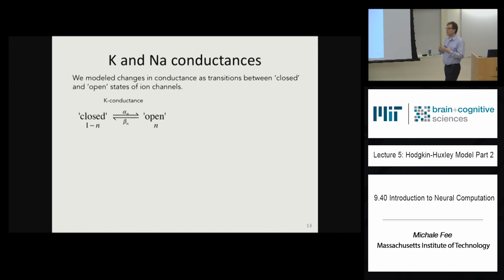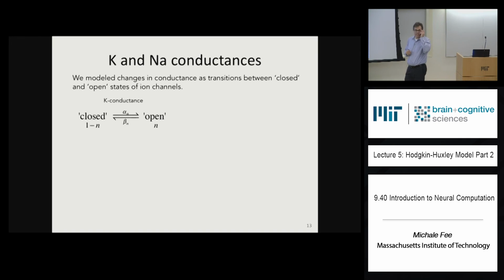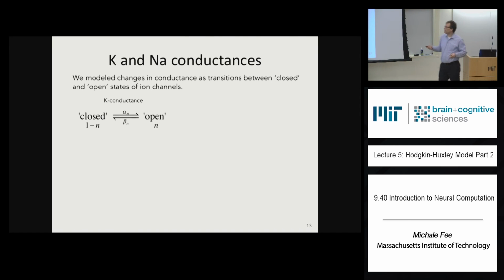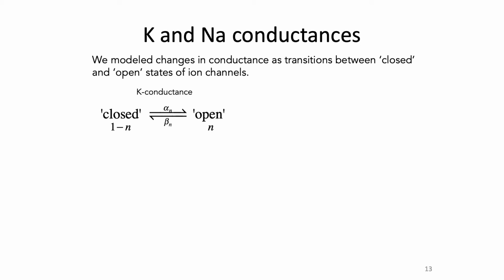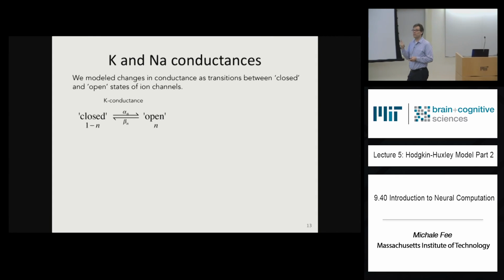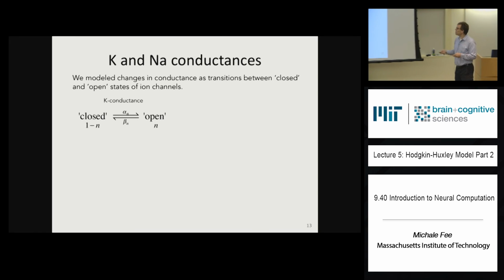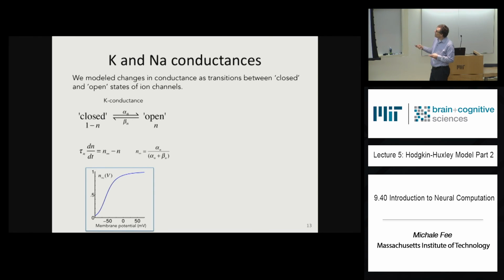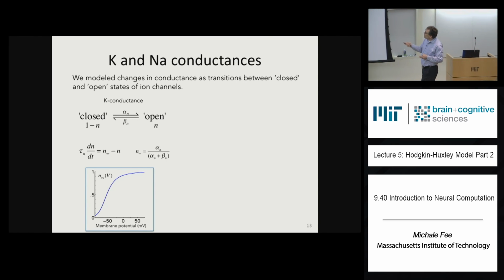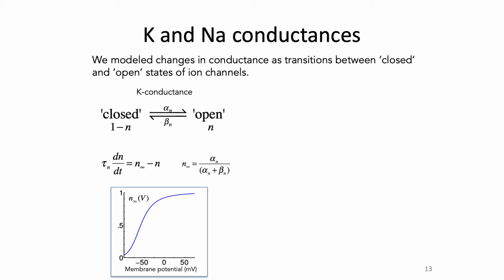We can model the open and closed state of the ion channel as two states, an open state and a closed state, with a probability n of being in the open state and a probability of 1 minus n of being in the closed state. Remember, this was for one subunit. For the potassium channel, there are 4 subunits, and all of them have to be open.